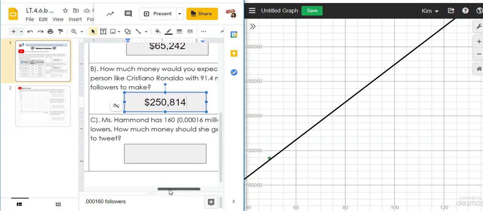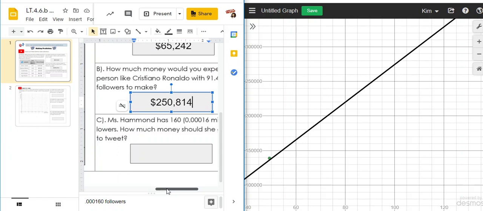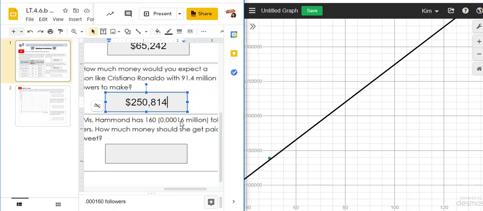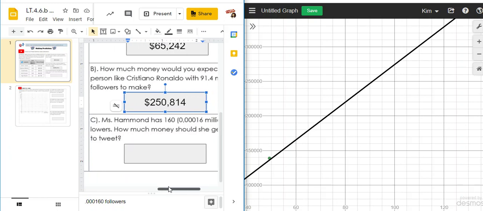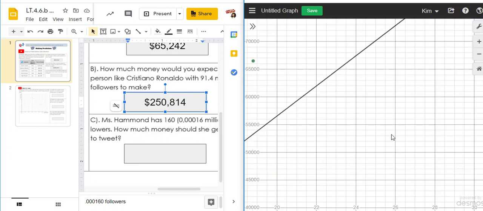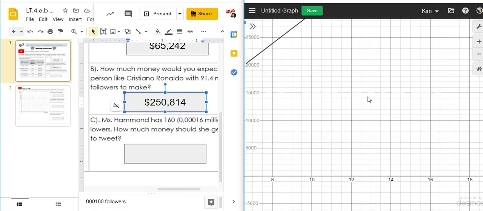And then finally, yours truly. I have 160 followers on Twitter, which is roughly 0.00016 million. How much money should I get paid to tweet about math products and teaching products? So 0.0006, goodness gracious, I'm going to have to zoom in really close.